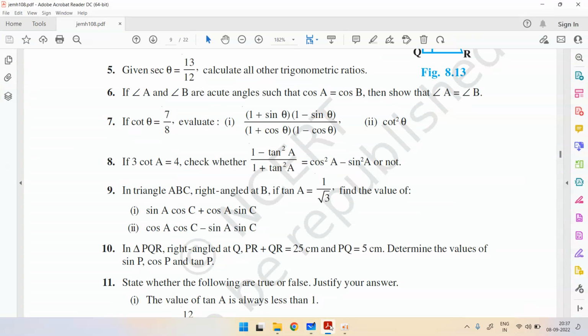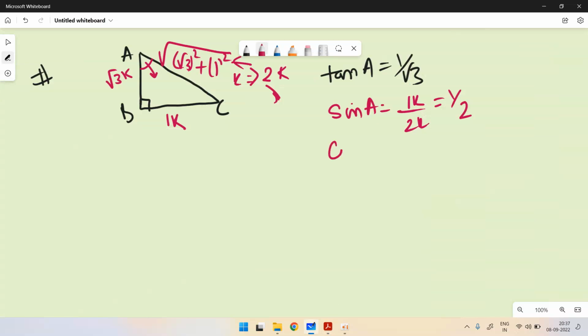And what is our cos C? Cos means base by hypotenuse, so it is 1k by 2k, equal to 1 by 2 only. And if sine A is this, cos A will be base by hypotenuse, which is root 3 by 2.